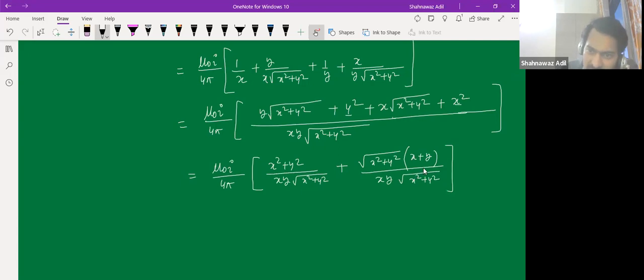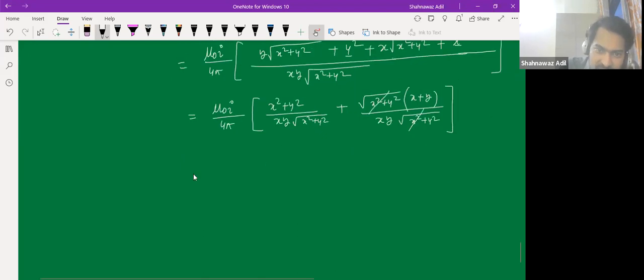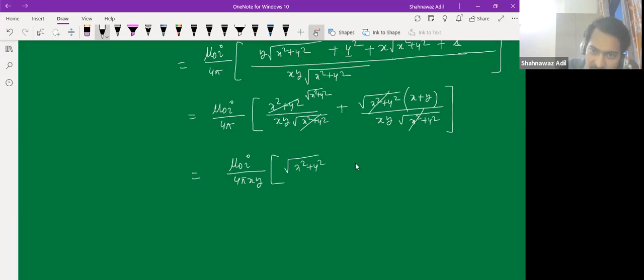So this will cancel out, right? And I know that I can take this xy common. So mu naught I by 4 pi xy, and this will cancel out, and this would be root of x square plus y square plus x plus y. So this is the solution. Is that clear, guys? Is this clear?